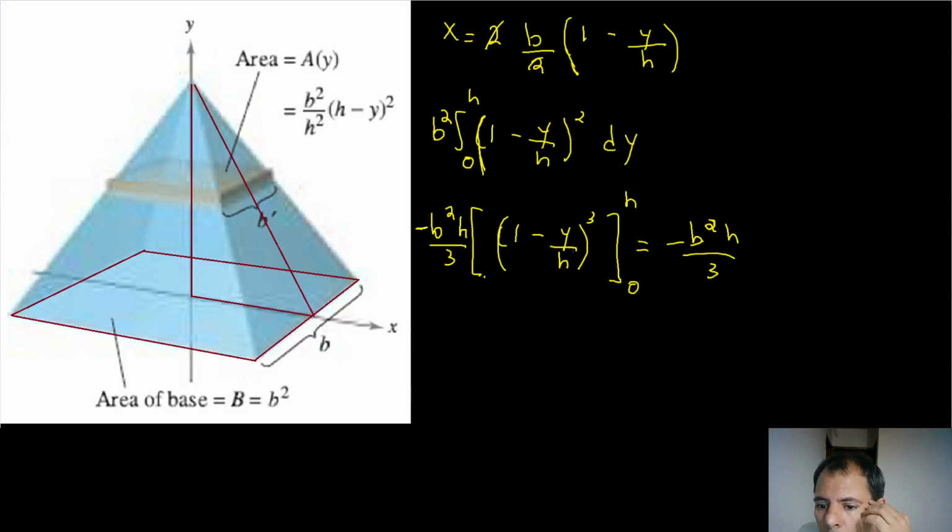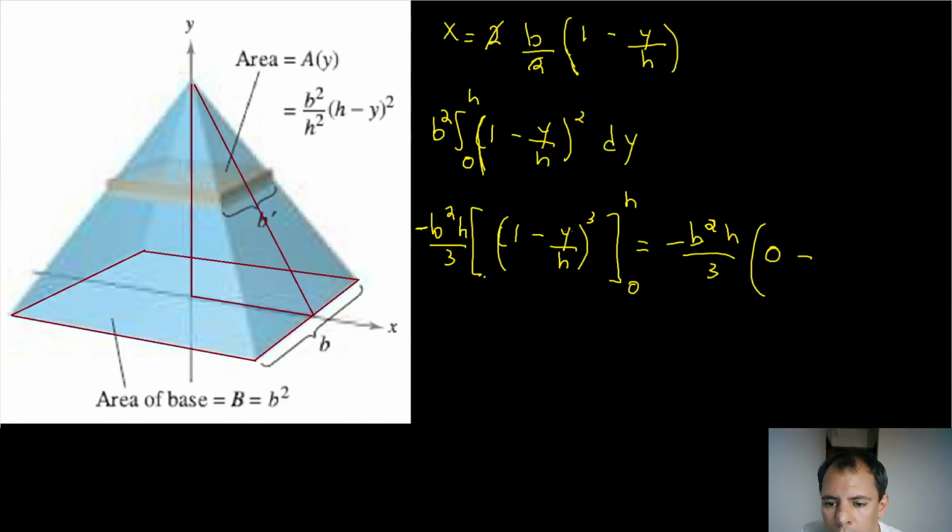So it's going to be 1 minus 1 times, okay. So putting an h in here, it's going to be h divided by h, 1 minus 1, 0. So we're just going to put a 0 here, and then you have a minus. And putting a 0 here is just going to be a 1. Do you see this?